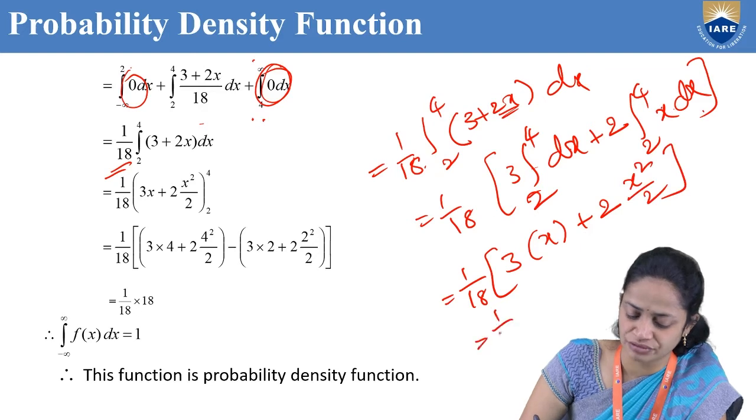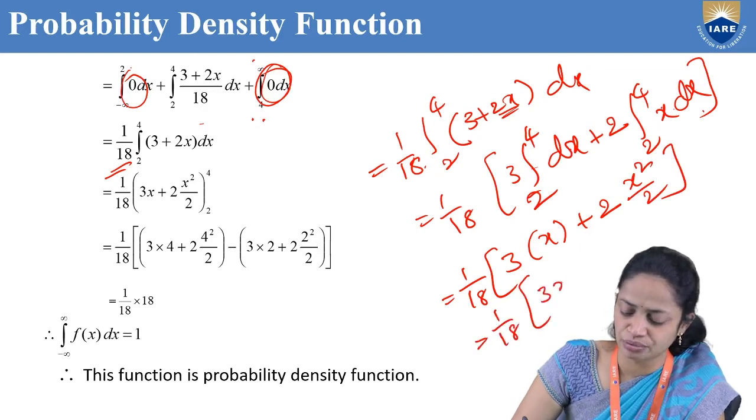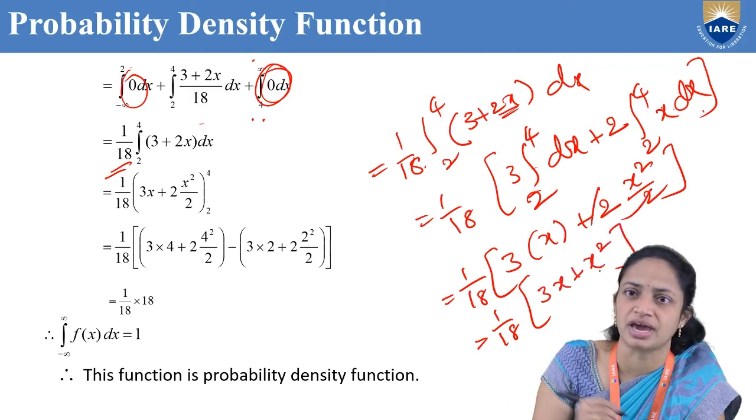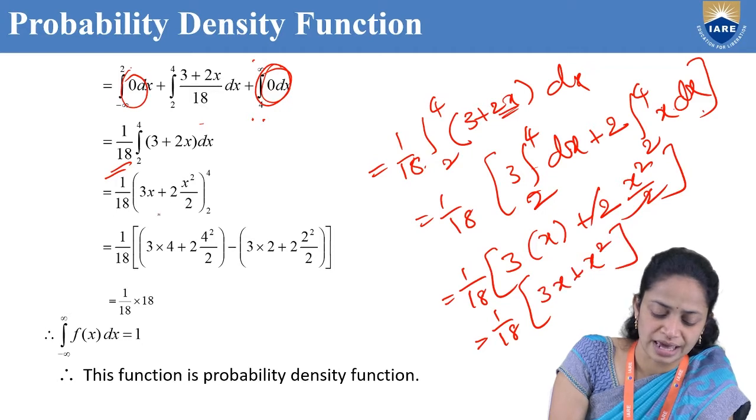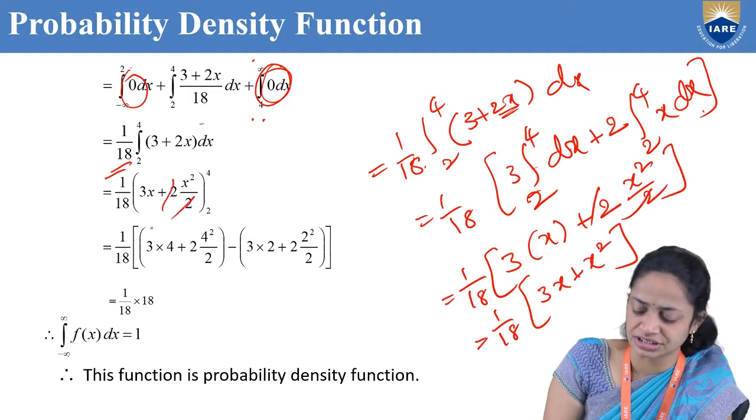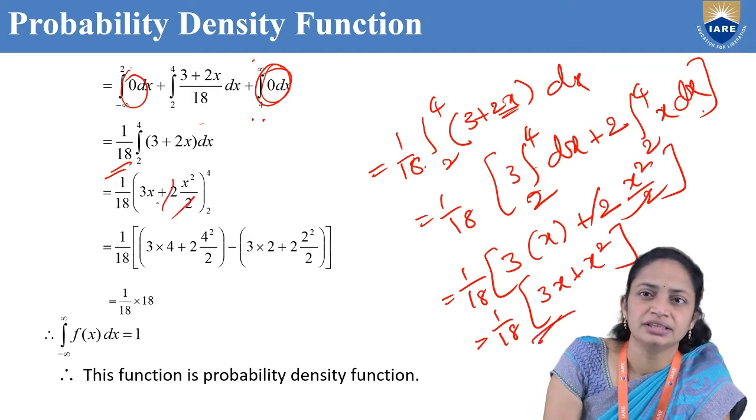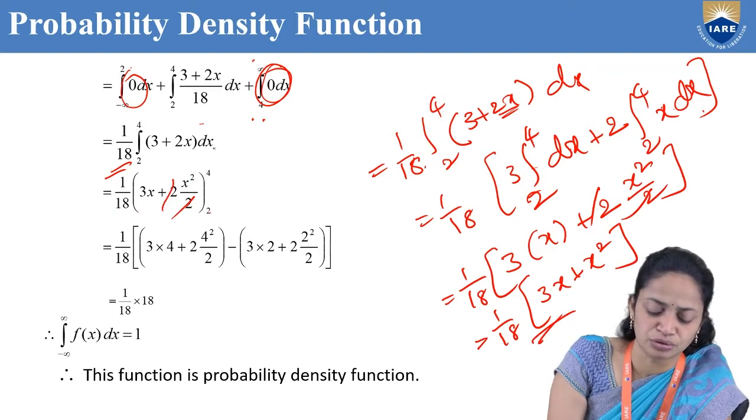Now we have to simplify this. That will be 3 into x plus, since 2 gets cancelled, x square. So the function will be 1 by 18 times (3x plus x square), with limits 2 to 4.